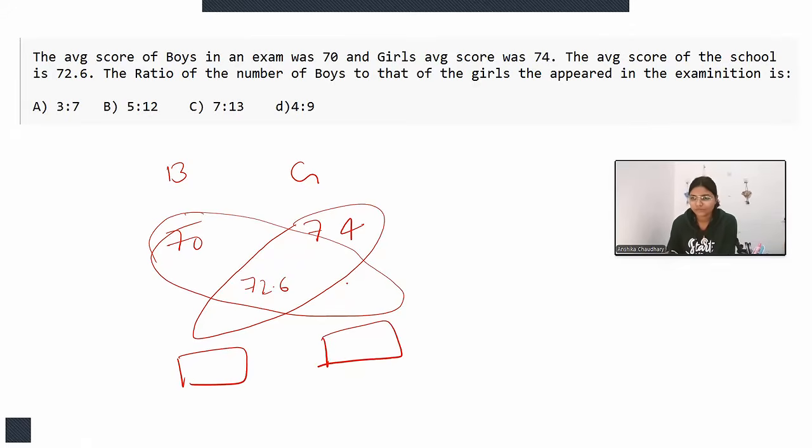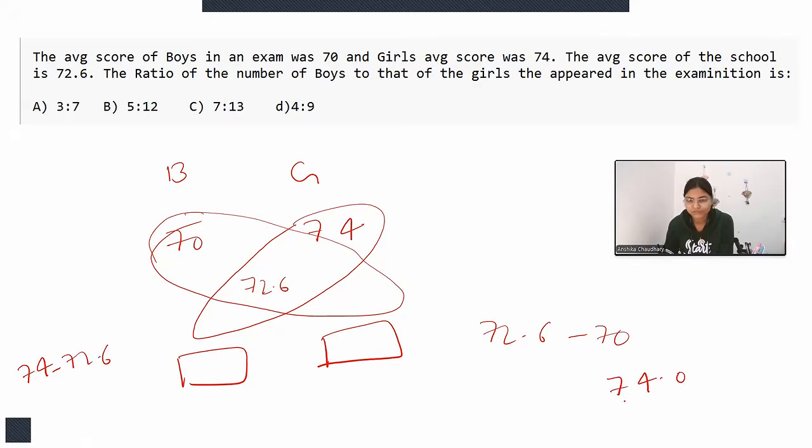So what we will do: whichever is larger, just subtract the smaller one. Here the girls' score is larger, so 74 minus 72.6. Then here 72.6 minus 70. When we subtract, what do we get?